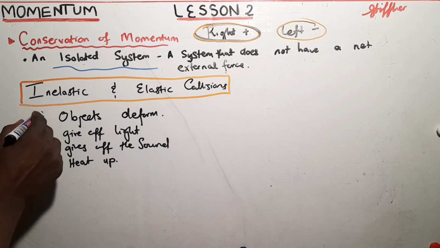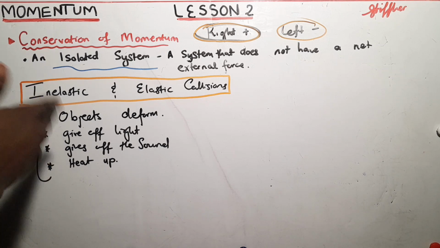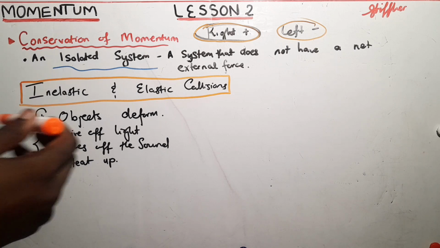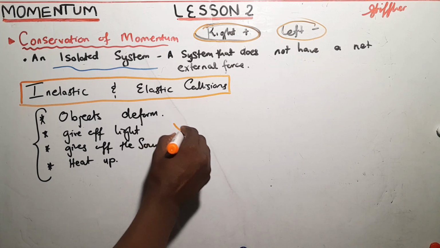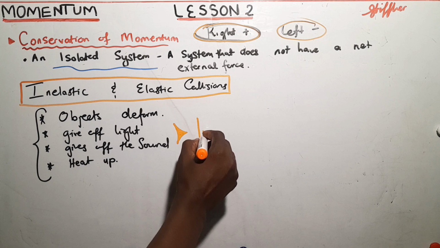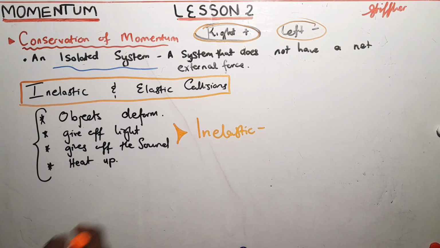So when all this happens after the collision, when you can see these signs, you just know straightforwardly that this kind of collision is inelastic. So what do we mean by inelastic?